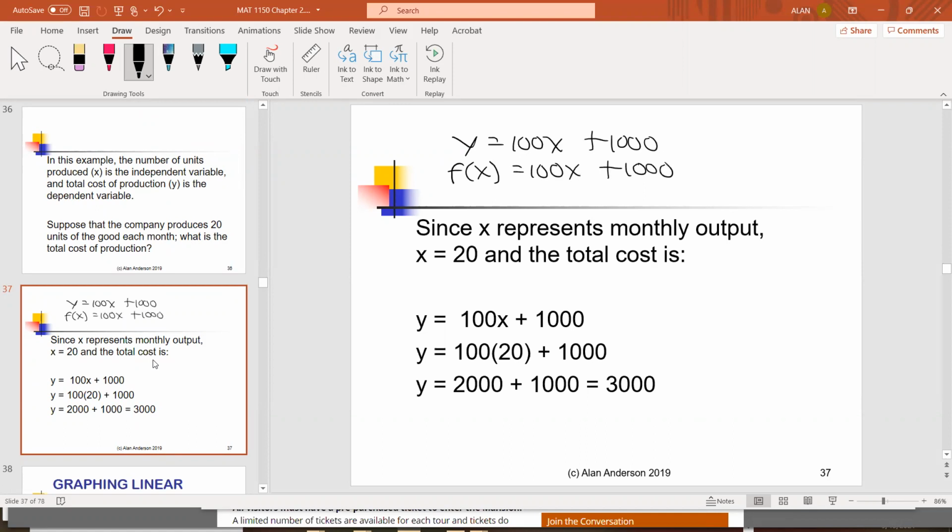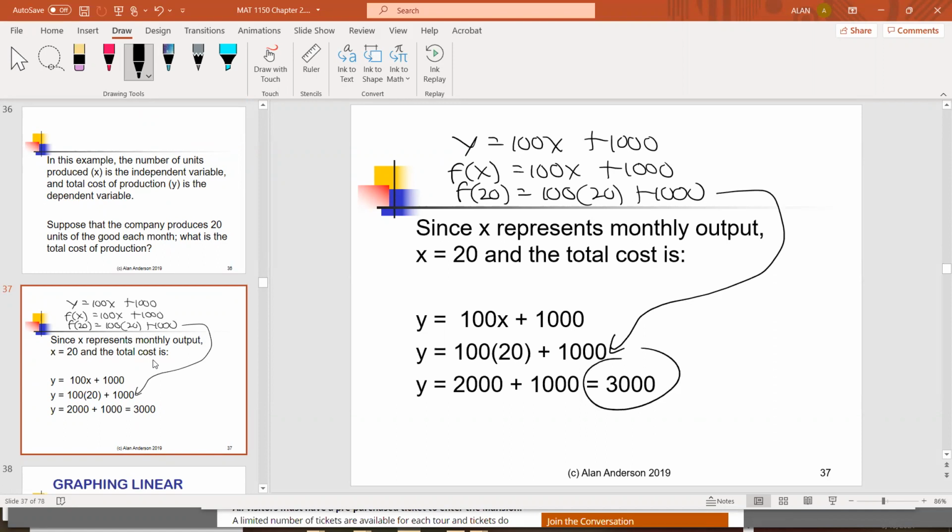And then the x is 20. So f of 20 is 100 times 20 plus 1,000. And that turns out to be 2,000 plus 1,000, which is $3,000. So that's how much it's costing me to make 20 units of this product. I don't know, I thought you'd find that interesting.